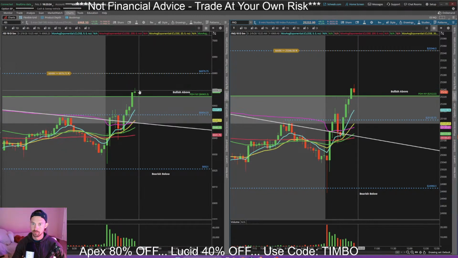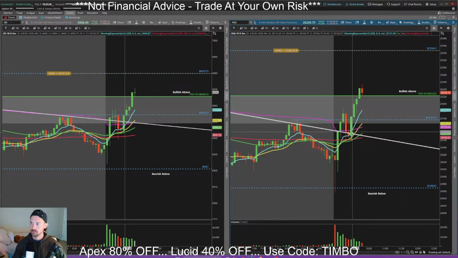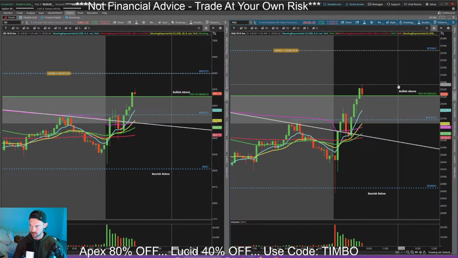All right, ES flipping back green here. I mean, after a pretty good move up, you kind of expect some sort of profit taking. At least a pause.